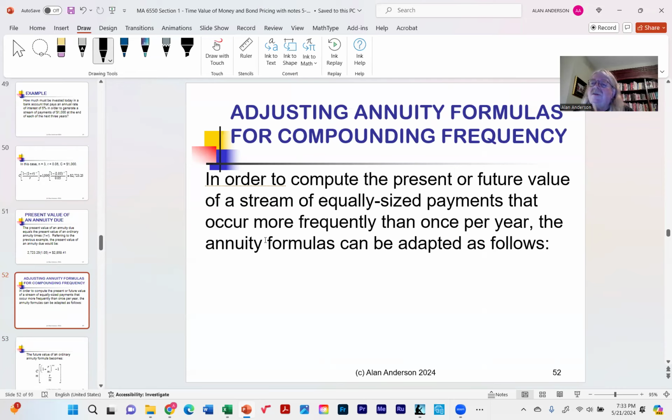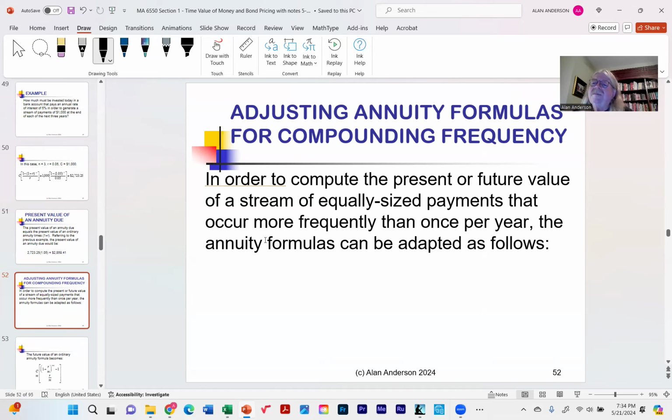In other words, every monthly payment is exactly the same. So you can think of that as what you might call a monthly annuity, meaning that the cash flows are always a month apart. Therefore, it doesn't technically qualify as an annuity as far as English is concerned, but mathematically, we can use the same formulas with one adjustment in order to come up with either a present or a future value.